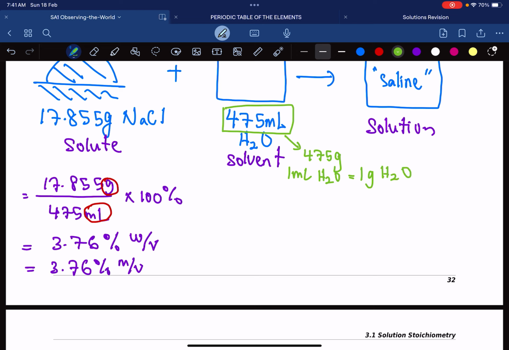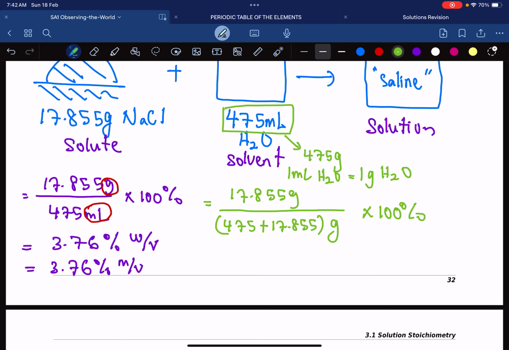So for this calculation, we take the mass of the solute, 17.855 grams, divided by the mass of the solution. The mass of the solution is going to be 475 plus the mass of the solute, and you multiply this by 100%.